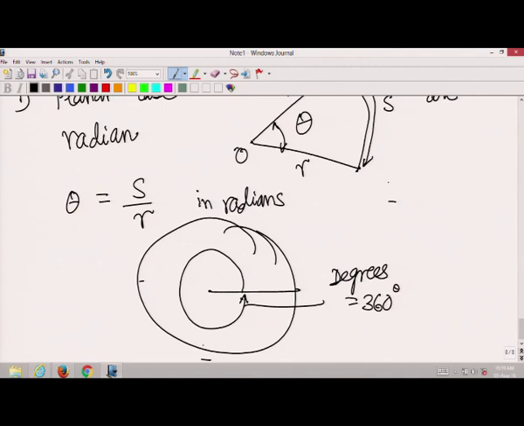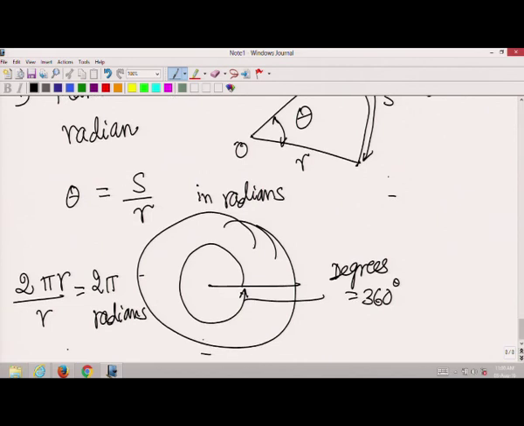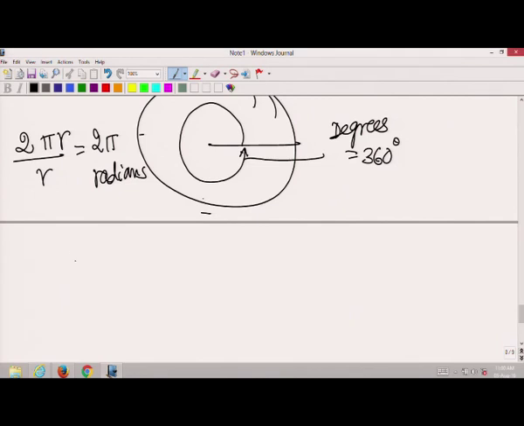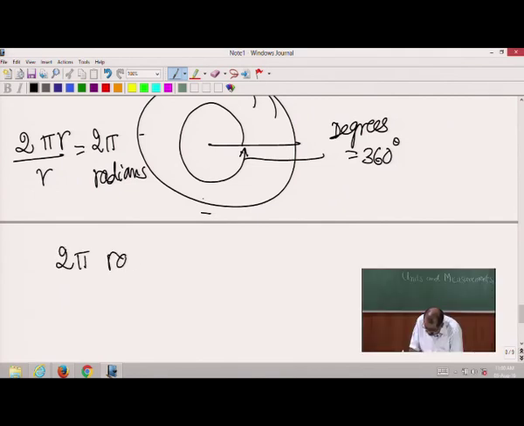In terms of degrees, the angle is 360 degrees, but in terms of radians, the total arc length moved when I go around a circle is 2 pi r, and if I divide that by r, in terms of radians I have got 2 pi radians. So, 2 pi radians is equal to 360 degrees.